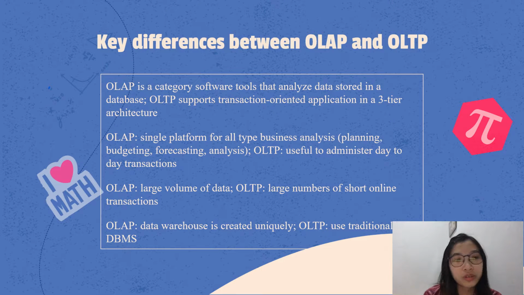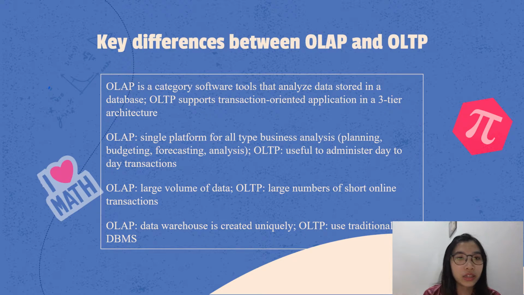Next, I'm going to explain some key differences between OLAP and OLTP. As I mentioned earlier, OLAP is a category of software tools that analyze data stored in a database, whereas OLTP supports transaction-oriented applications in a three-tier architecture.